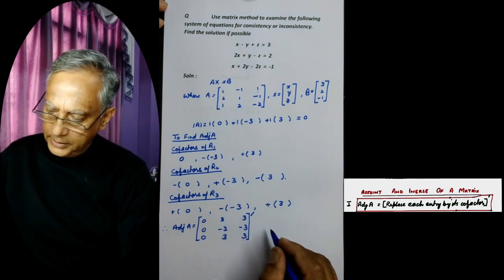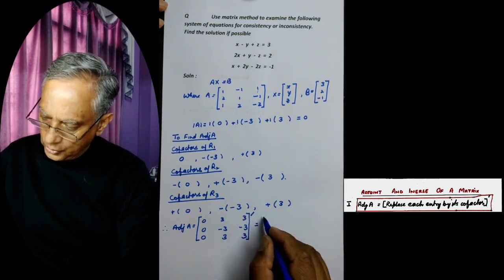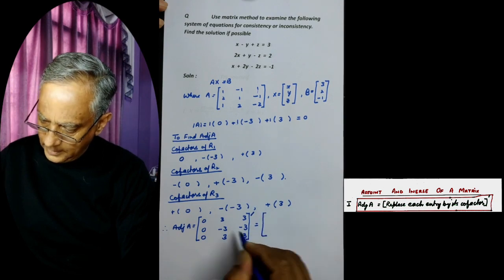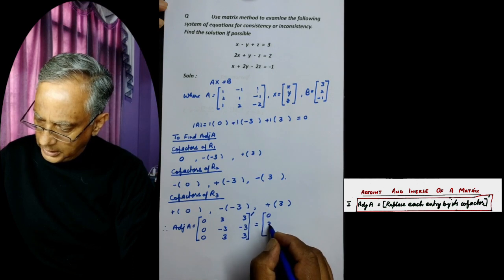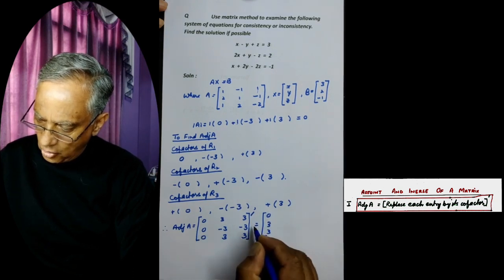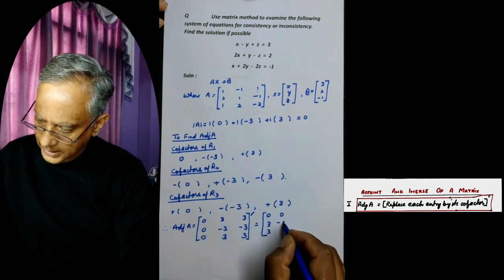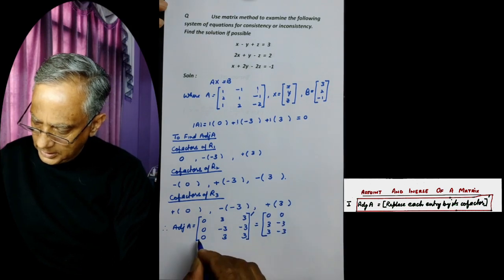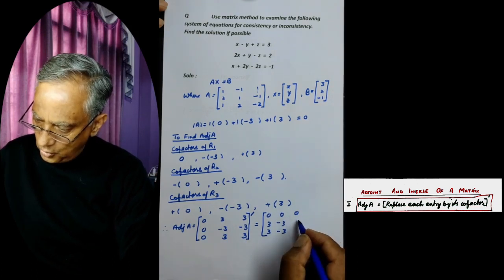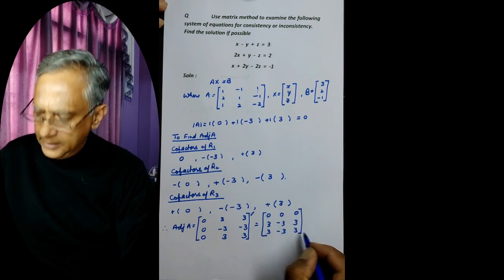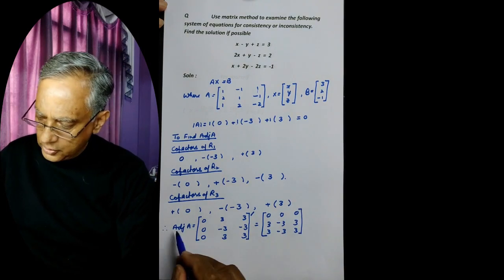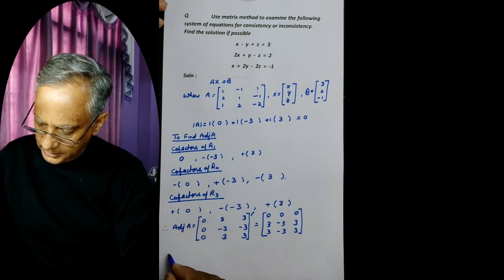And transpose of this will be adjoint of A. So now this row will become first column 0 3 3. Second column 0 minus 3 minus 3. Third column 0 3 3. Interchange rows and columns. So adjoint of A is equal to this much.